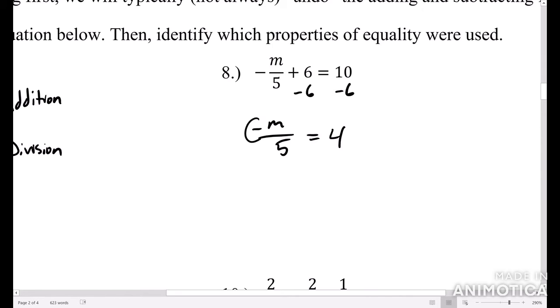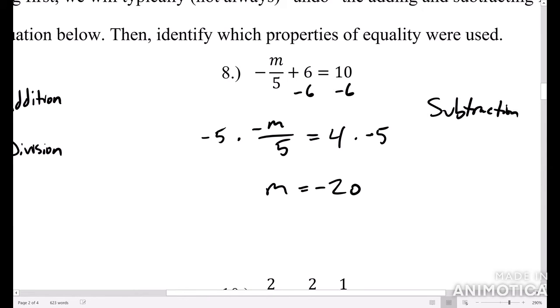I need to get rid of that negative that's out in front, and I need to get rid of this 5 that's in the bottom. So multiply times negative 5 on both sides, and we get m is equal to negative 20. So that was the subtraction property of equality, and then the multiplication property of equality.